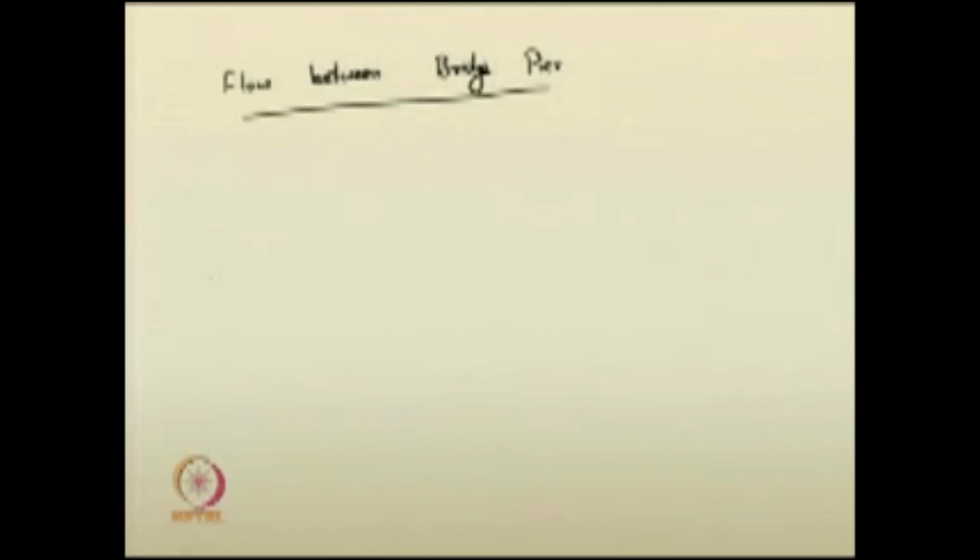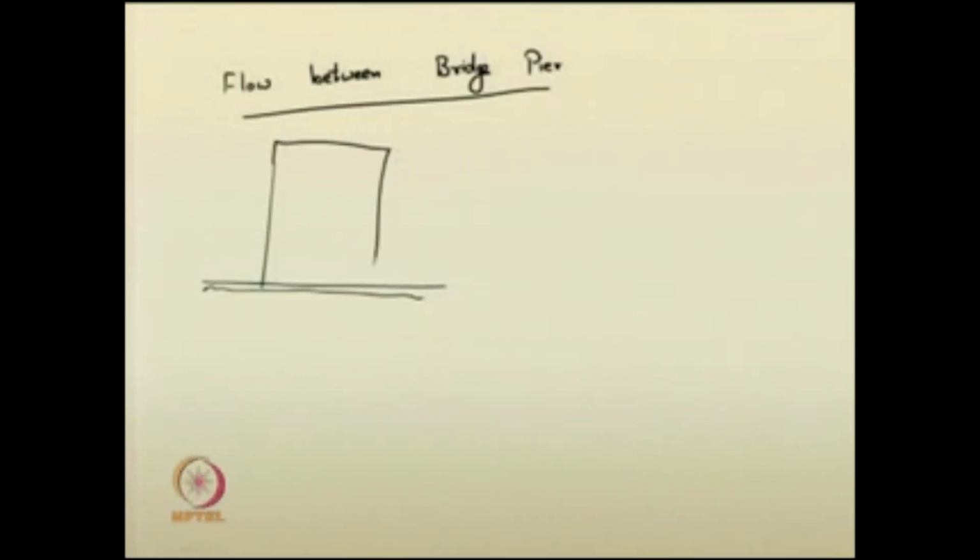So, recall the same thing in the obstruction, you used the following diagram. There is an obstruction, then the water flow, say this is the height of the normal flow upstream, then it may increase, then it may decrease, and it may reach like this.